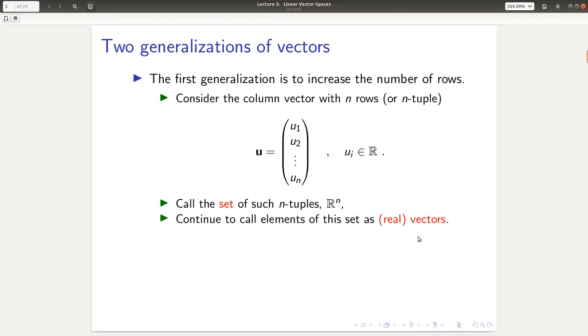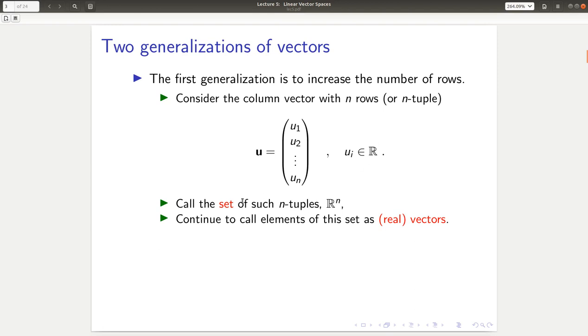Now we will look at two generalizations of these vectors. The first generalization is very easy, which is to just increase the number of rows. So we just consider a column vector with n rows, or what is sometimes called an n-tuple. So u here would be u1, u2 up to un, and each of these is real valued.